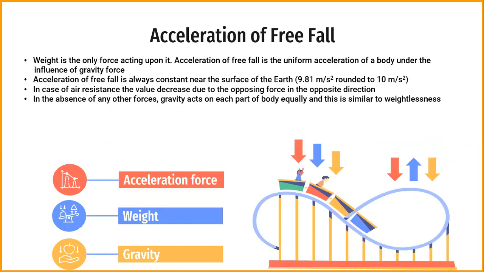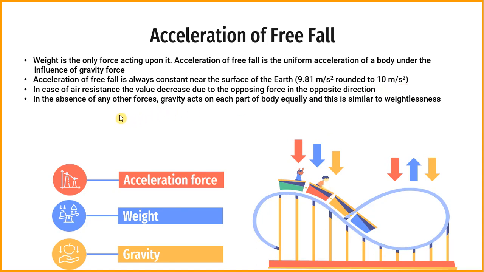Acceleration of free fall: weight is the only force acting upon the body. Acceleration of free fall is the uniform acceleration of a body under the influence of gravitational force. It is always constant near the surface of the Earth, 9.81 meters per second squared, rounded to 10 meters per second squared.